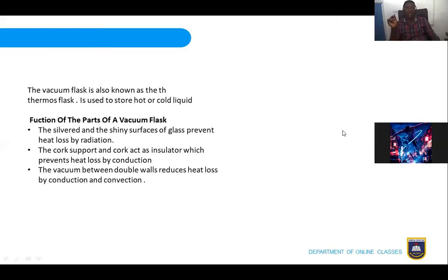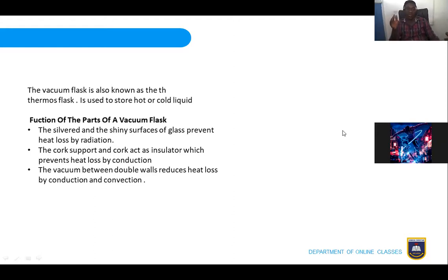is that the vapor that comes out contains excessive heat. So when it heats, the shiny surface reflects the heat back into the system. It doesn't allow the heat to penetrate or pass through it easily to the outer surrounding. It reflects the heat back into the system.